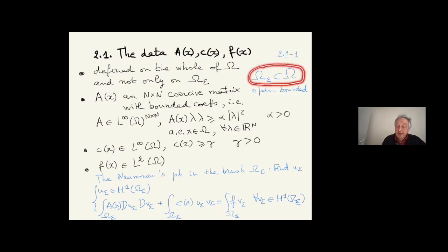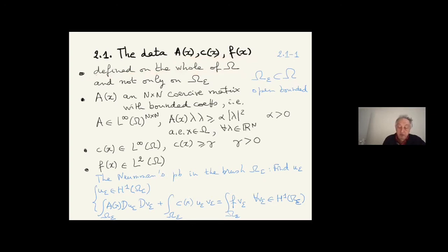Omega is a fixed set, and Omega^epsilon is a set with an oscillating boundary, which will converge in some sense to Omega. And the data are defined on the whole of Omega and not only on Omega^epsilon.